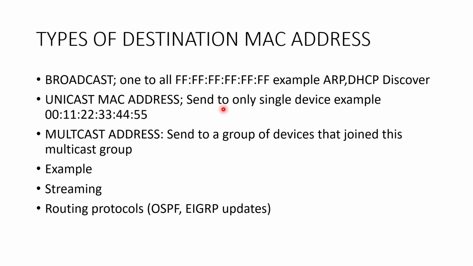The moment you send me a message, or I send you a message directly, that is a unicast address. So this address is going to be sent to only a single device. So for example, my MAC address is 00:11:22:33:44:55. This represents the unicast address.